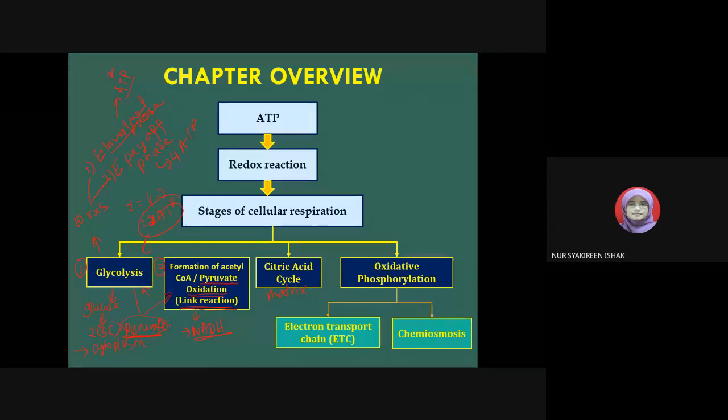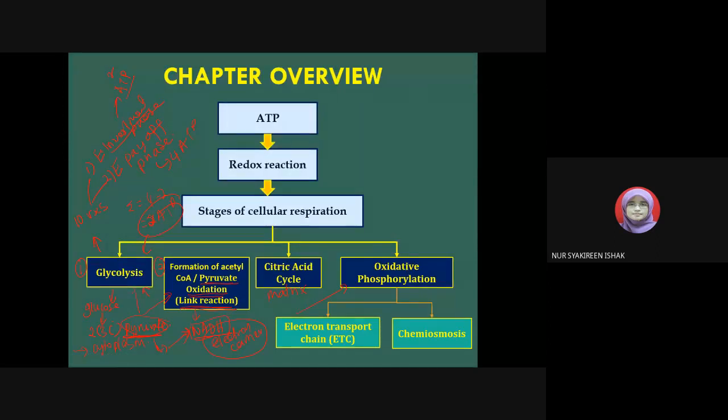The NADH molecule is very important for cellular respiration, because it functions as an electron acceptor or electron carrier. It carries electrons to the last stage, which is the oxidative phosphorylation stage. Glycolysis also produces NADH. Okay.